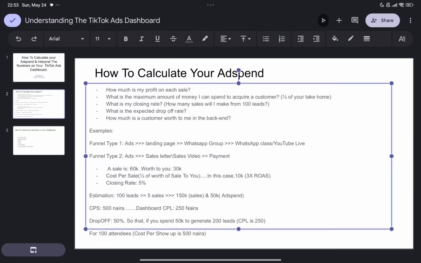And let's say 20%. Then when people eventually come to the WhatsApp group, not everybody inside the WhatsApp group eventually comes to your WhatsApp class or your sales presentation. Some of them, let's say about 30% of them, will not show up. In fact, that is me being optimistic.